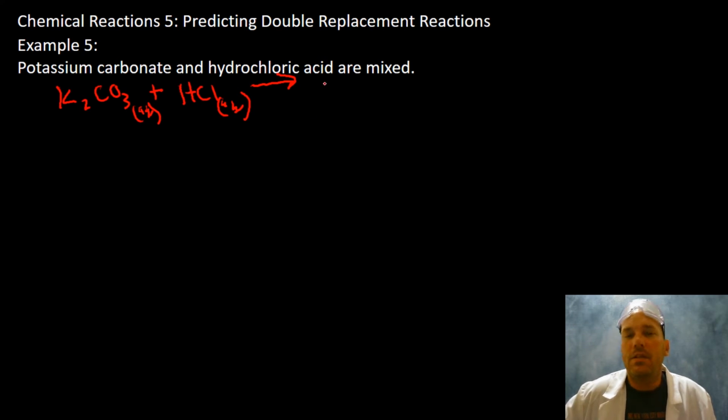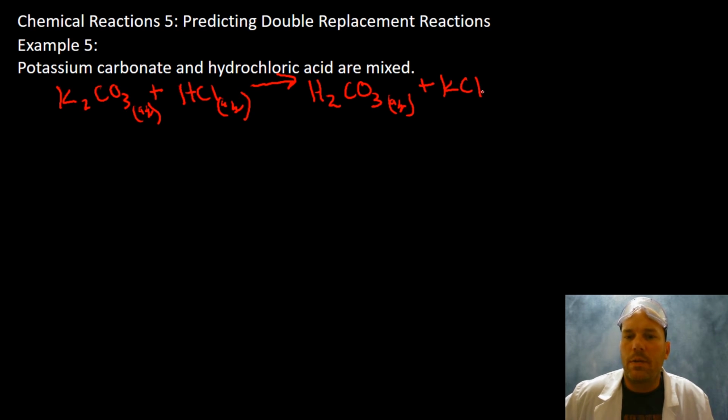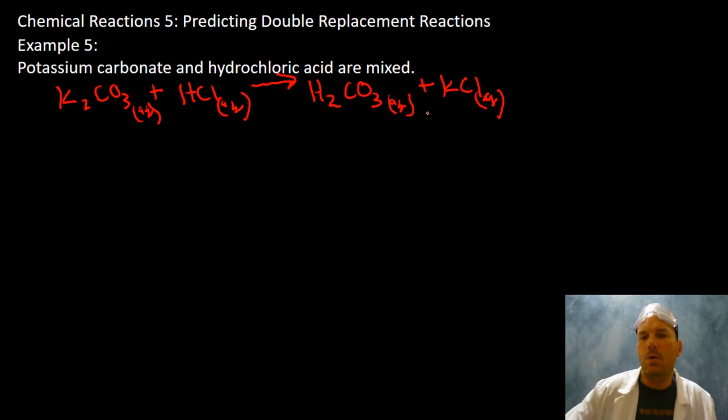Now I'm going to write some things down, and then I'm going to have to explain exactly what's going on. They're going to form this, okay, and then the chlorine is going to combine with the potassium to form potassium chloride.